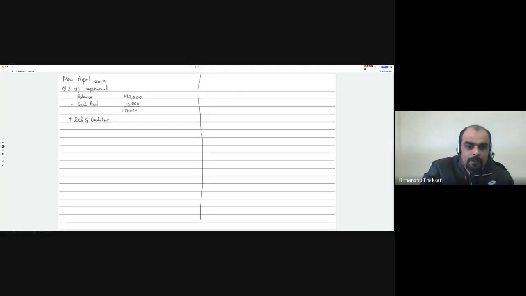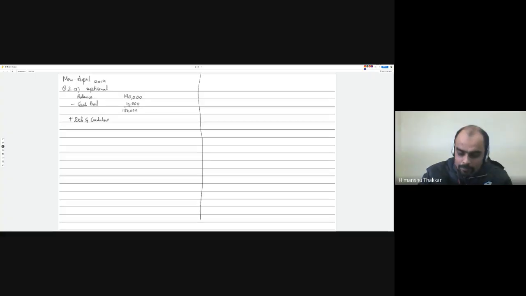The total amount that you are going to pay to creditors, all the liabilities, that is debentures and all kinds of creditors, total comes out to 2 lakh.